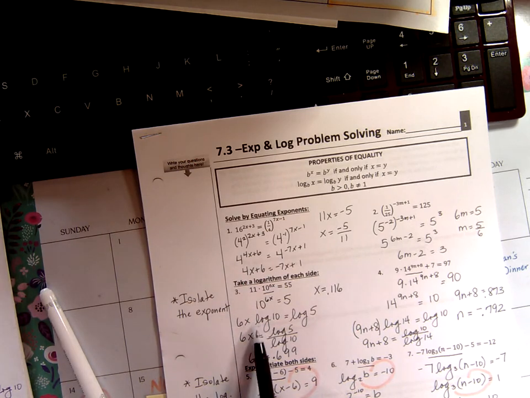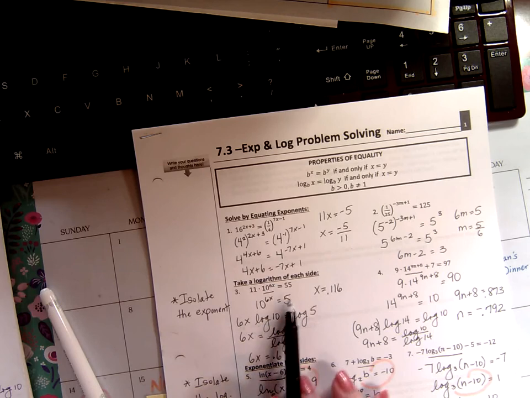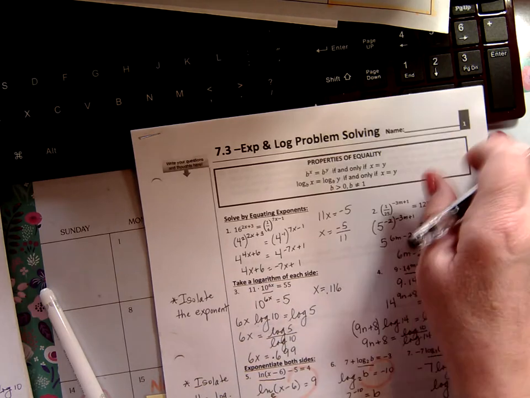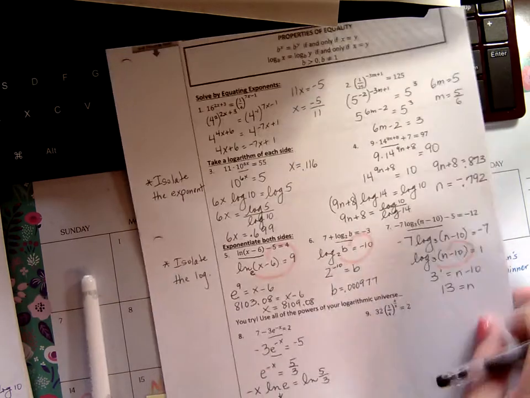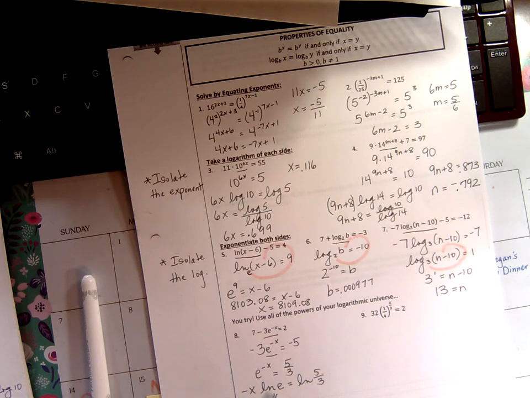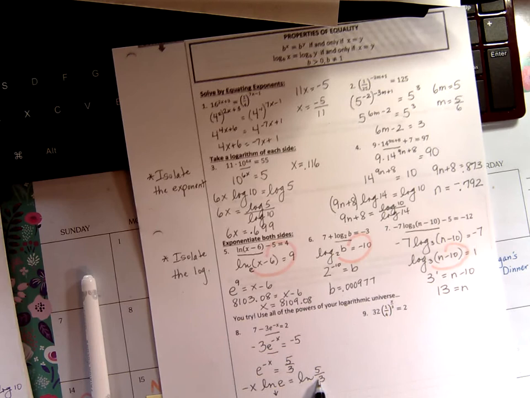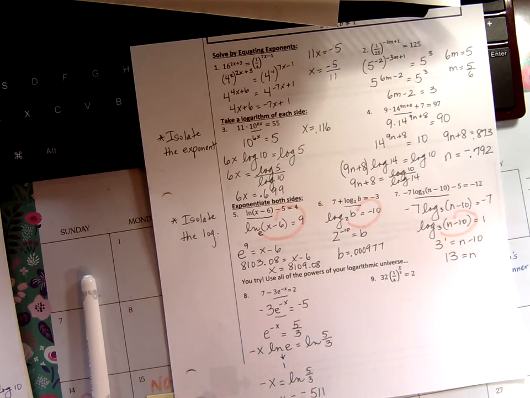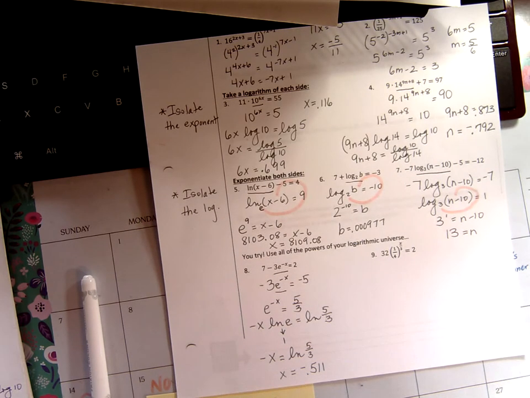It happened to be up here. So you take the power down in front. In this case, it was log of 10, log of 5. This one is the same idea, but it's ln's. So power comes down in front, ln of e, ln of 5/3. So same concept for this guy. And then when you go through and solve it, you end up with that -0.511.